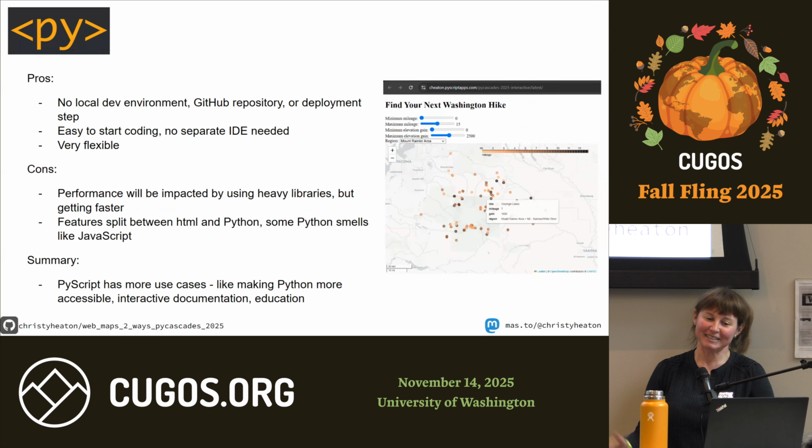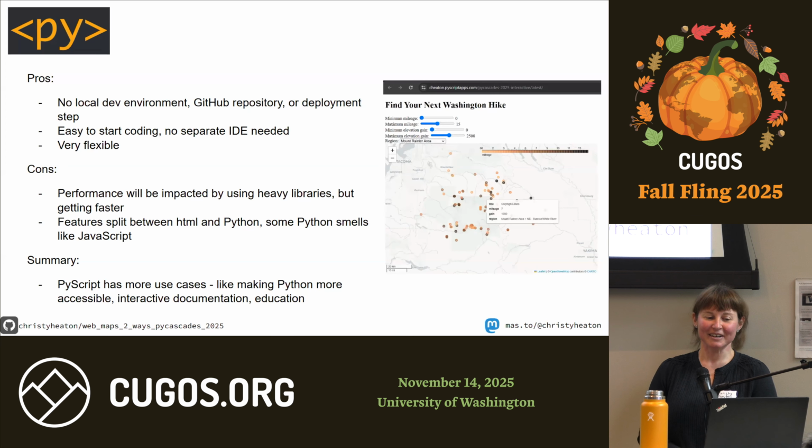And you don't have to make a fancy web map. You can type any Python into PyScript and it'll run. It reduces the hassle of getting your own Python environment installed. And it's very flexible because Python is a programming language that is used for any number of things. So anything you want to do, you can do it in PyScript.